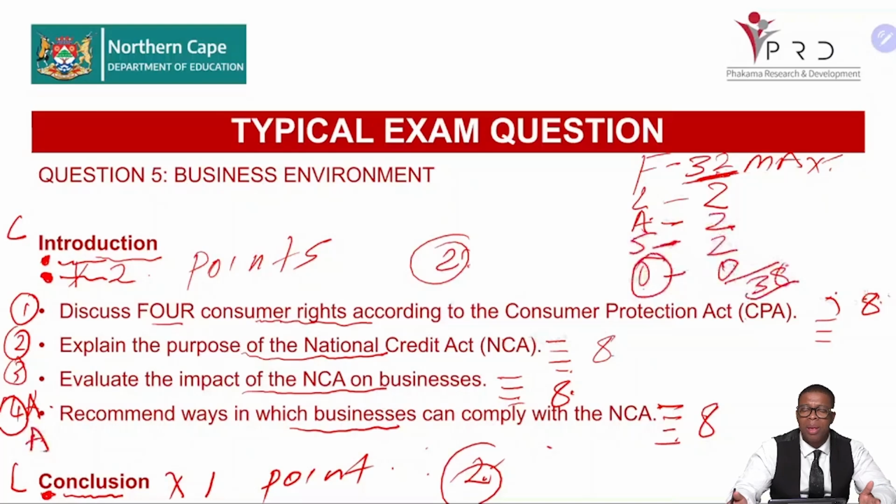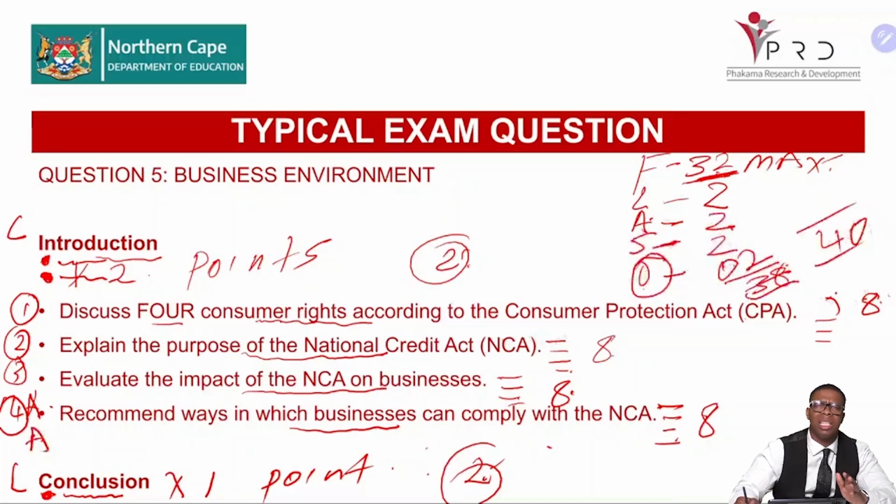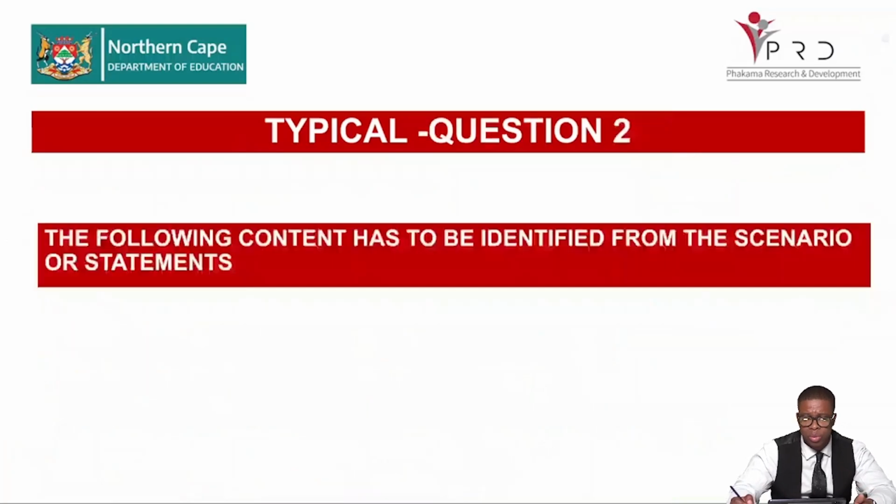For instance, for paper 1, business environment, question 5, go and research on an example you would find for legislations, a recent activity that took place maybe from a newspaper, and then also go and check for business strategies, so that when we get to originality, you obtain 2 and the total mark is 40, and avoid getting 38. So that's how you should go about it.